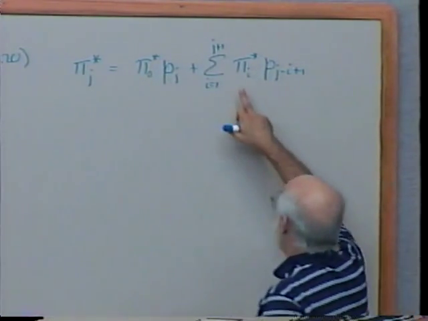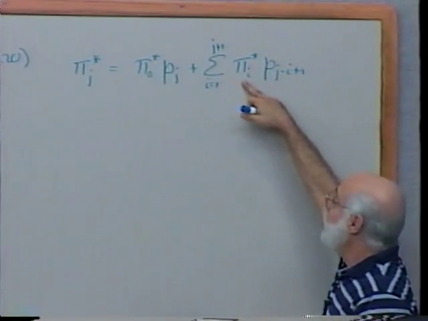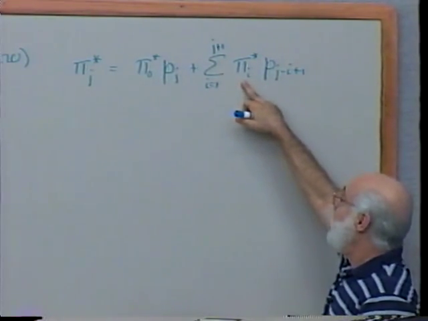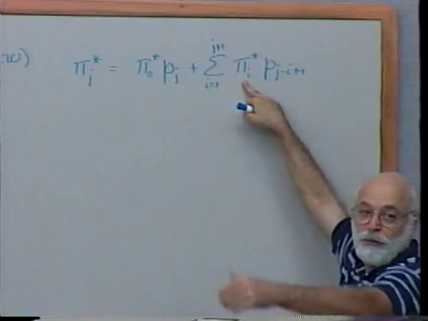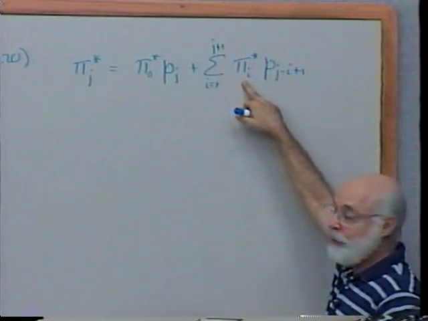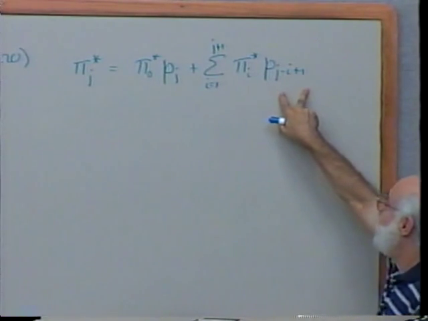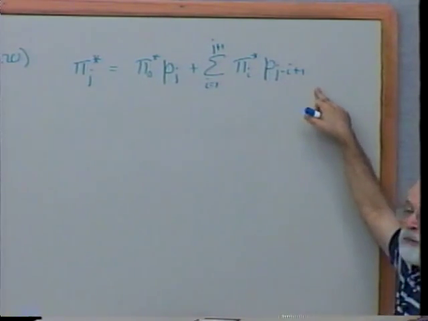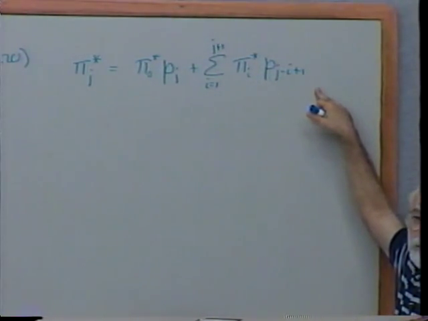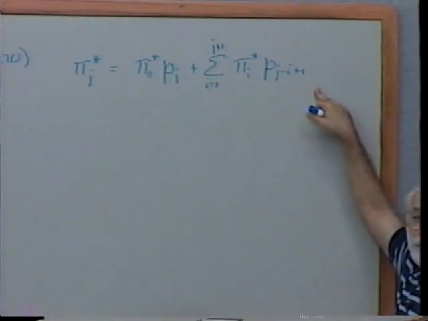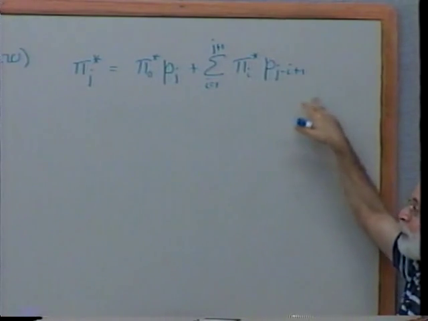Or if the previous customer left behind i, where i was not 0, then as soon as he left, the next customer entered service, and that next customer will leave behind j if during his service time exactly j minus i plus 1 new customers arrive. Okay, that's it. Now we have to solve these equations.